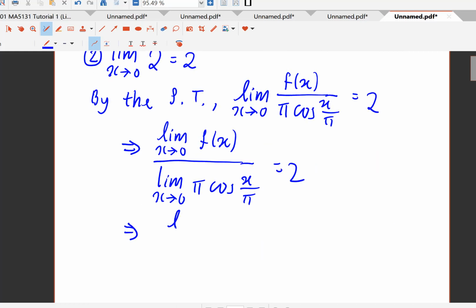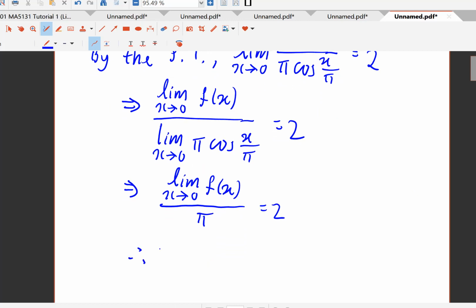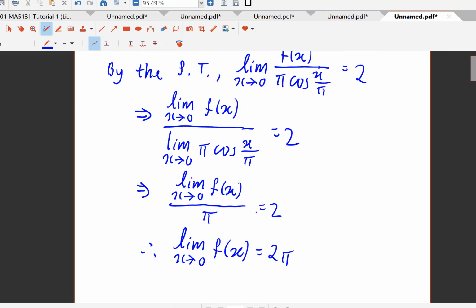And then the top becomes limit x goes to 0 of f(x), and for the denominator it's just pi, and then therefore, okay, that is your number 2.